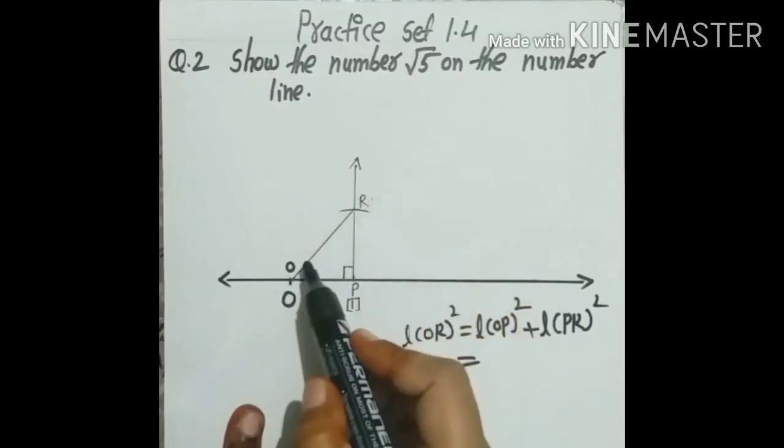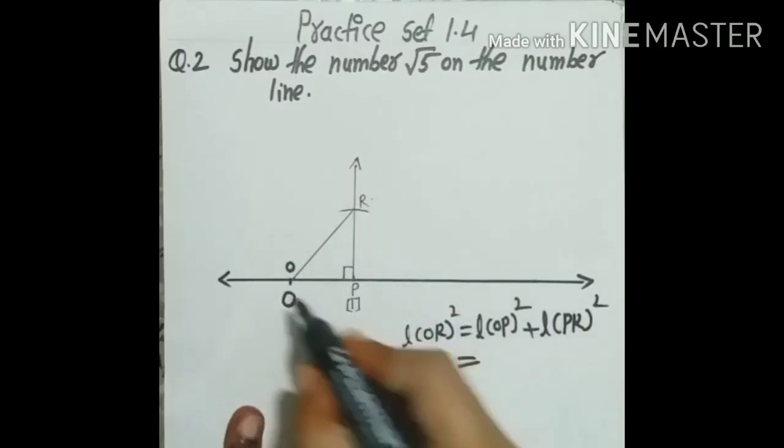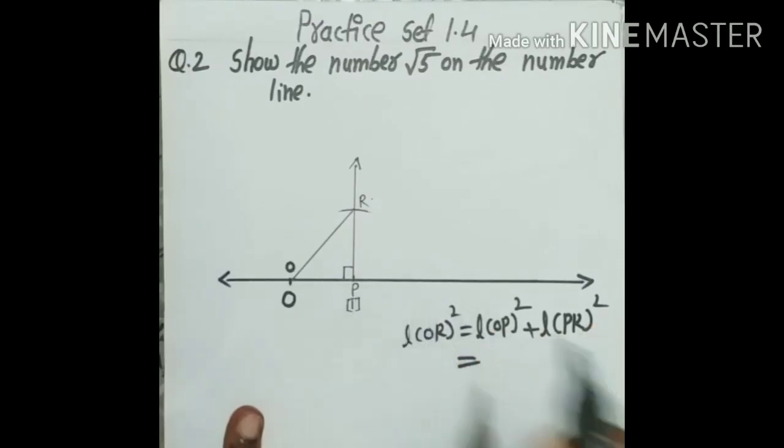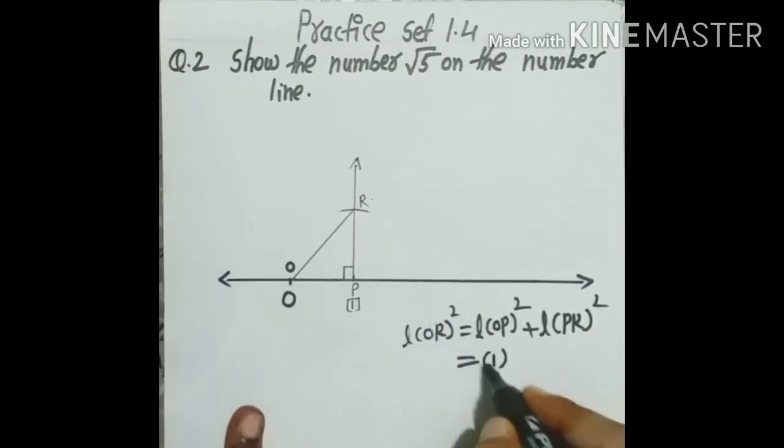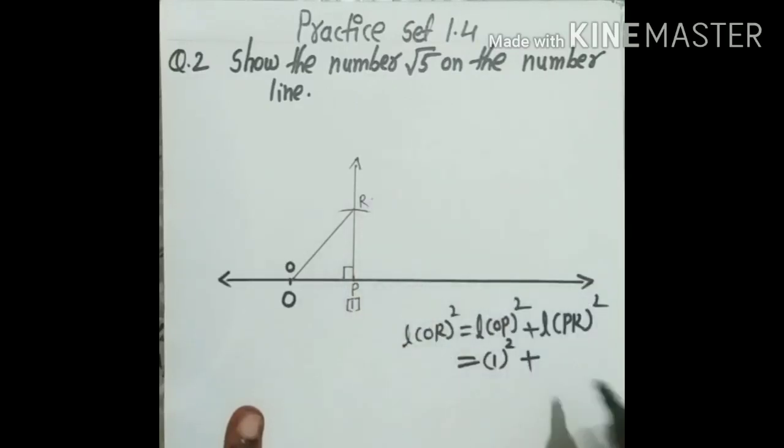OR we don't know, we have to find it out. OP is 1 unit, so take 1 square, and this PR is also 1 unit, so take 1 square. 1 square is 1 and 1 square is 1. You get 2. Means length OR square equals 2.